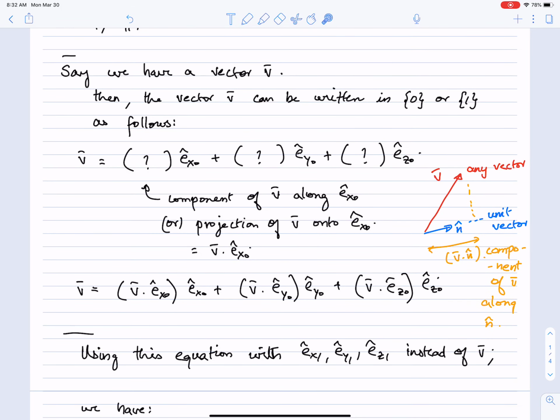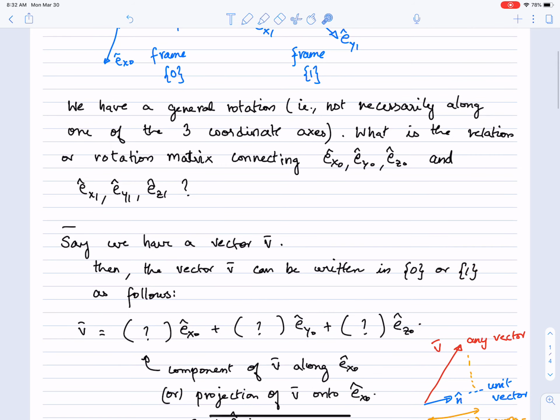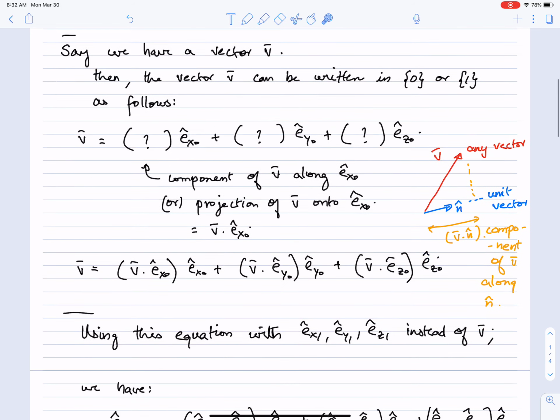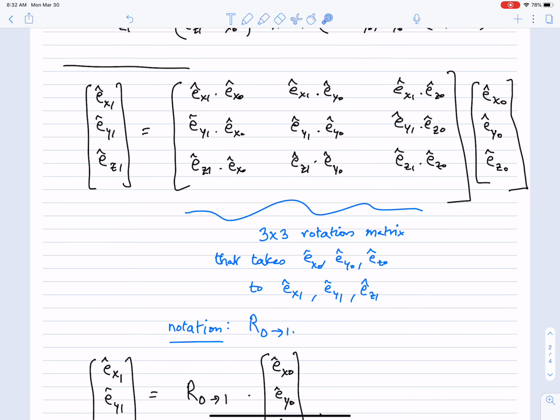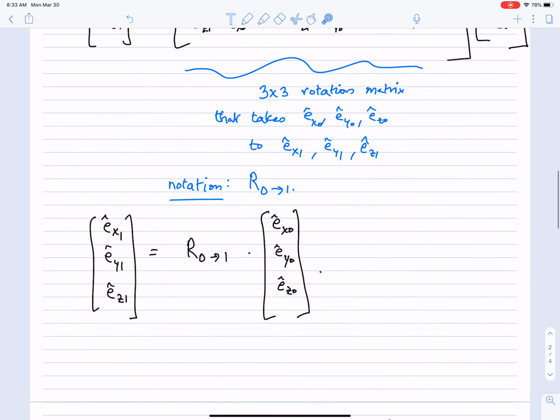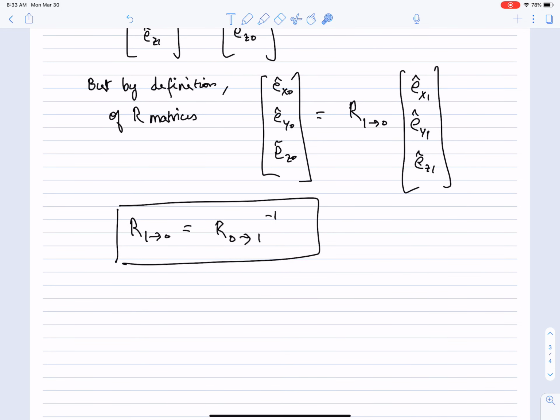And we derived a relationship based on projection of one set of unit vectors onto the other set using dot products. And we got this relationship for the rotation matrix that related any two coordinate axis sets or reference frames. In the next video, we shall look at the properties of these rotation matrices.